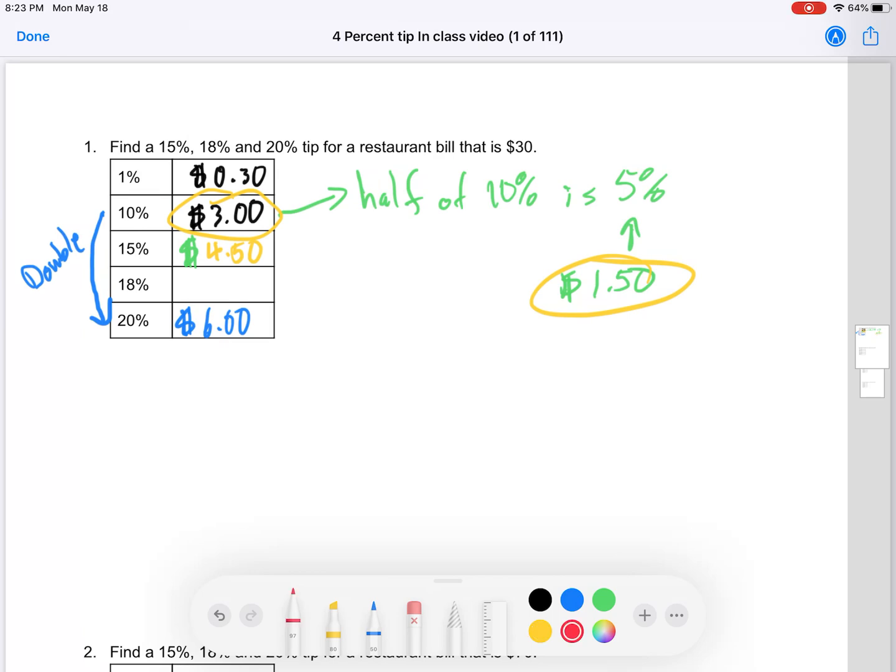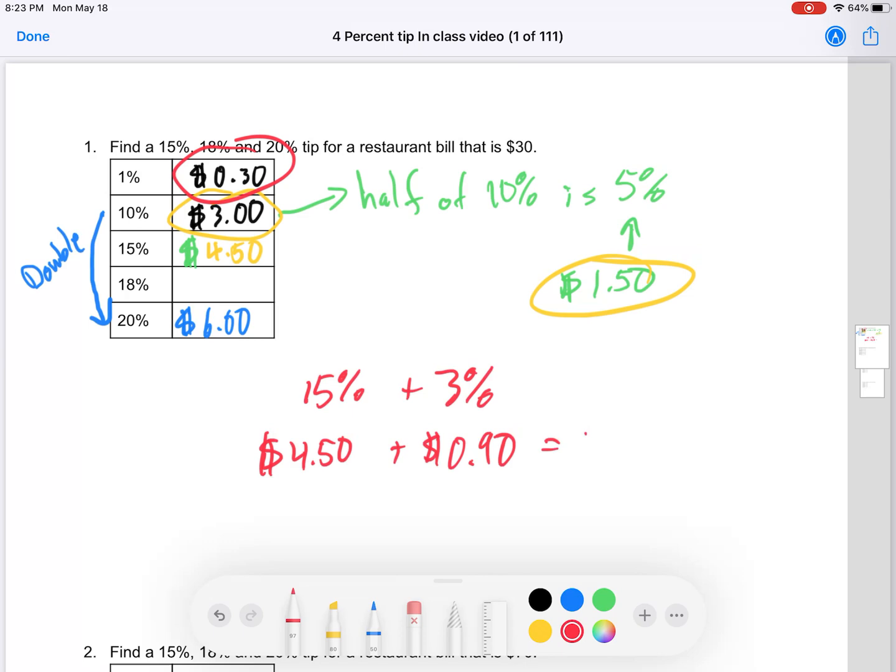To get the 18%, I'm going to show a couple of different ways, and this time I'm only going to show it as 15% plus 3%. Well, 15% is $4.50. 3% is 3 of those, right? So that's 90 cents.